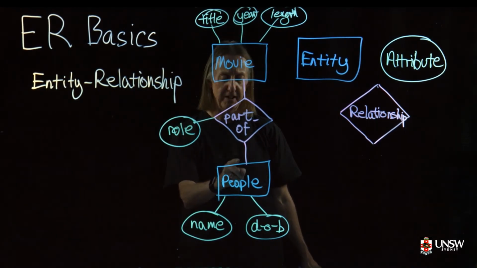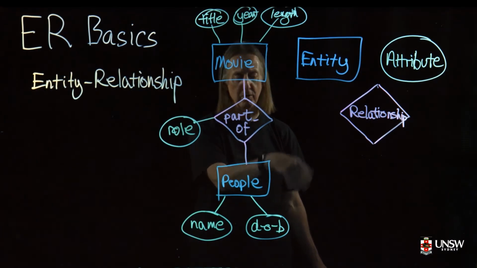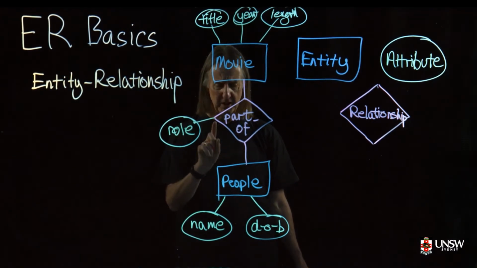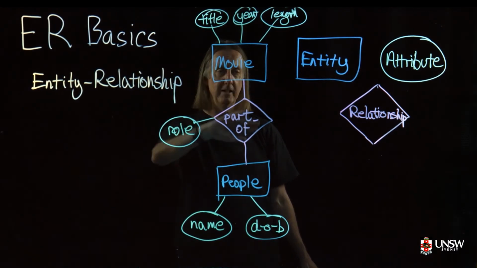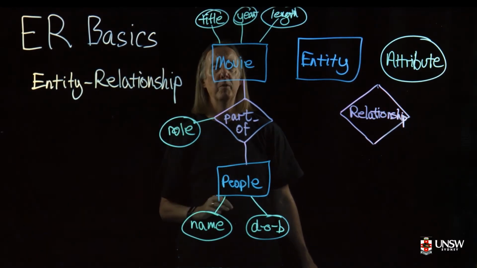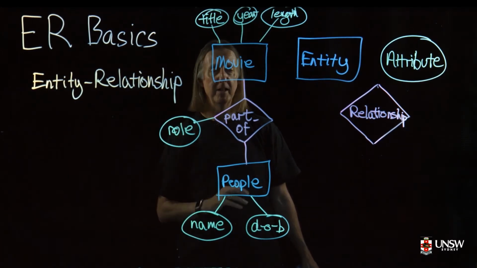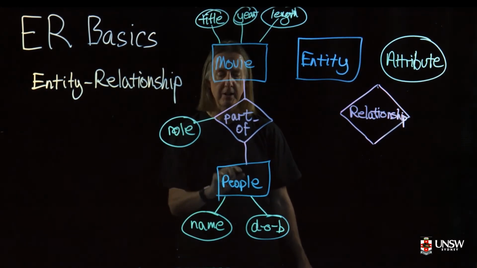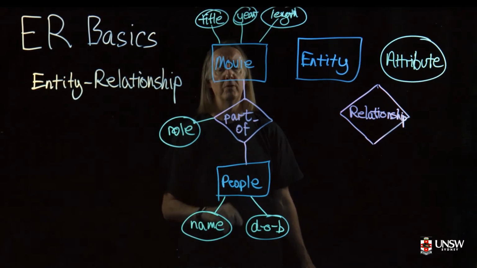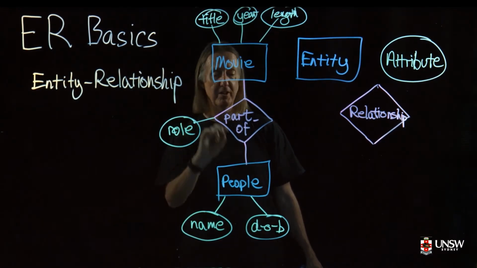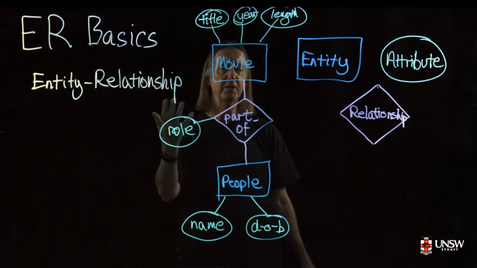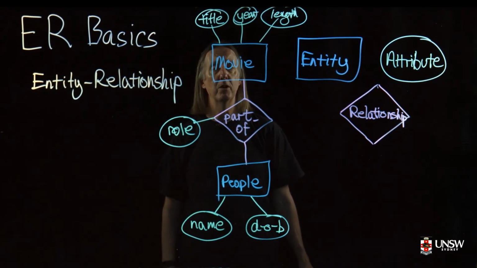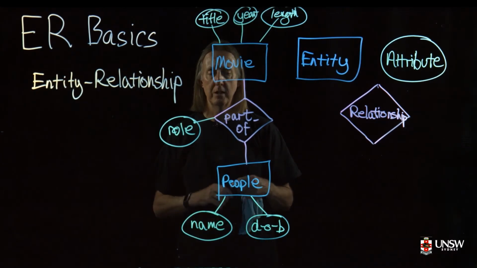So you can't just say person Clint Eastwood, role actor. Whether he's an actor or director is determined by what movie we're currently talking about. And he may even be both, in which case there'd be two examples of Clint Eastwood being related to a particular movie. One where the role was actor, the other where the role was director.